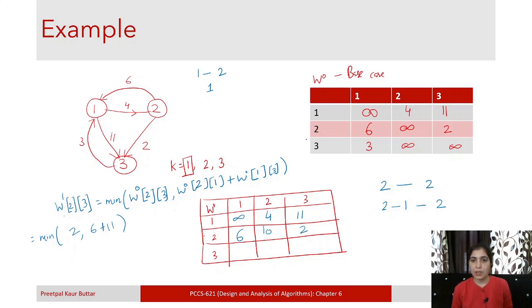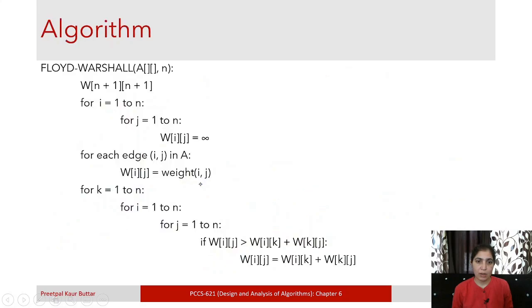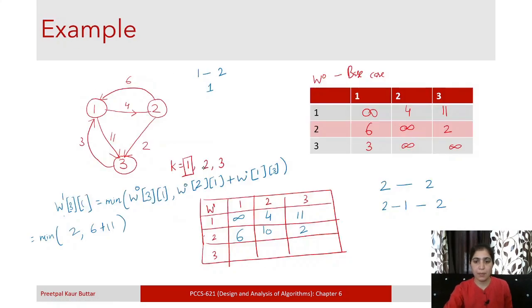Now let us move to the third row, 3, 1. 3, 1 is the minimum of W0 3, 1 or W0 3, 1 and W0 1, 1. Here this is K. So 3, 1 is 3.